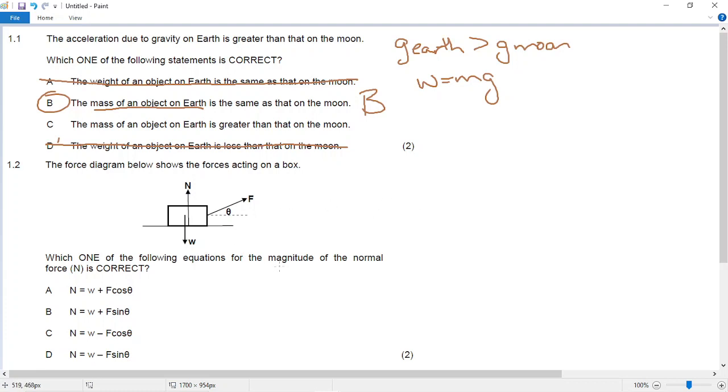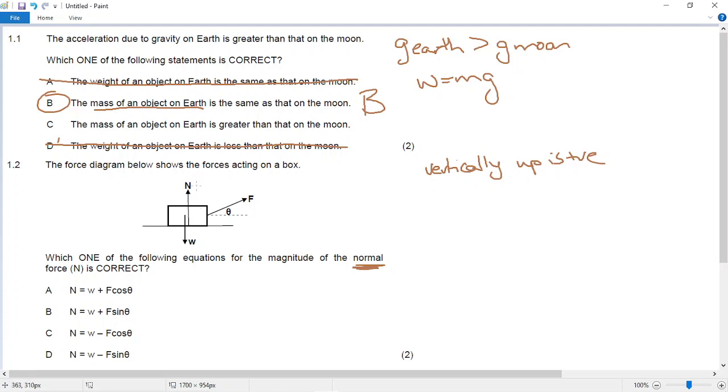Which one of the following equations for the magnitude of the normal force is correct? Okay, in this situation, to calculate the normal force, if we look vertically, this box is in equilibrium. We say up is positive and the box is in equilibrium. So what forces do we have up?